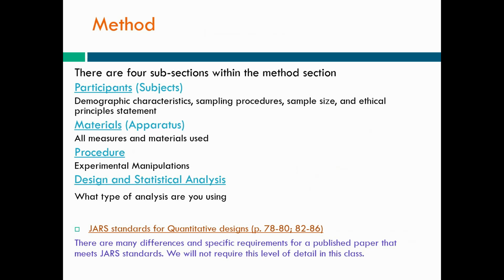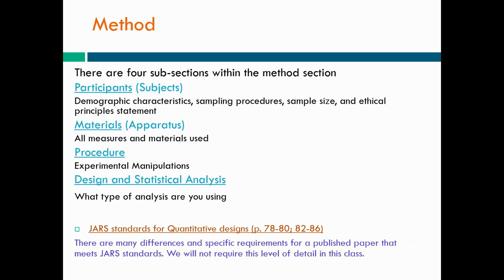All measures and materials that you used in the study go under the materials section. So anything from questionnaires to cognitive programs that you might have used and things of that sort. Then you move on to the third section of the method, which is the procedure.